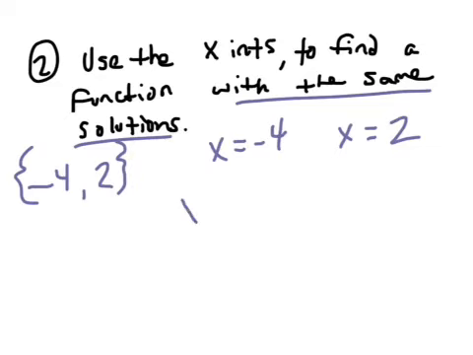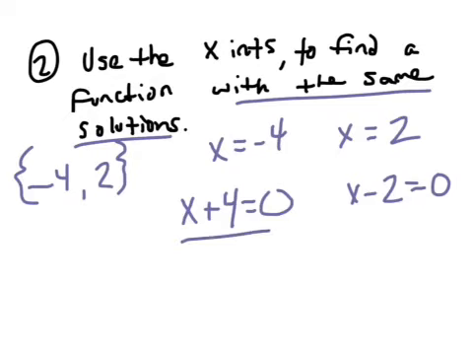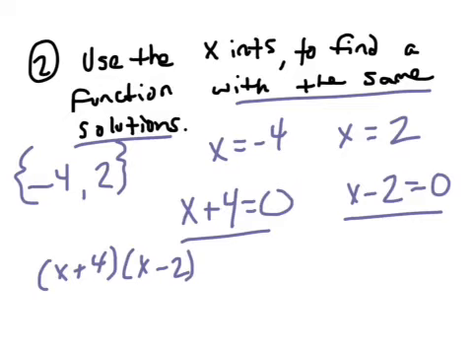If I had the equation x plus 4 equals 0, that would give me the solution -4. If I had the equation x minus 2 equals 0, that would give me the solution of 2. Where would those come from? Something like this: (x + 4)(x - 2). So we have two binomials.